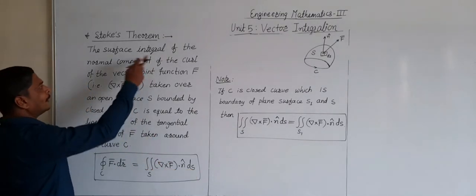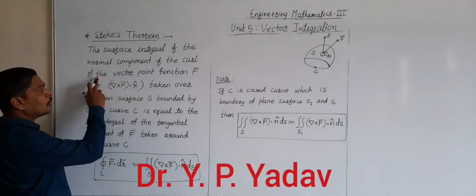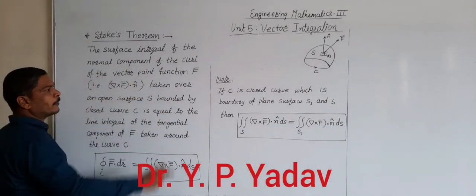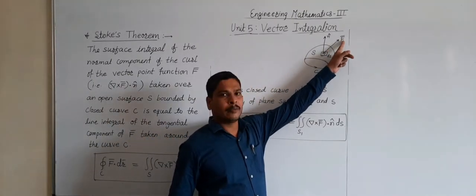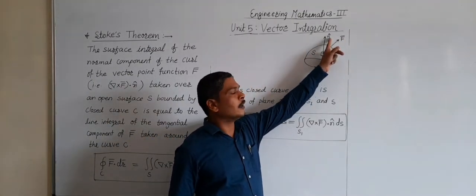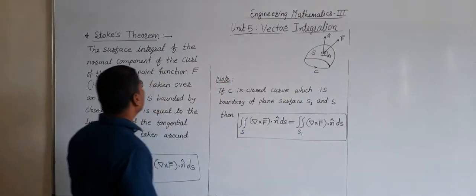The surface integral of the normal component of the vector point function f bar. So this is our vector point function f bar, and n cap is a unit normal vector.